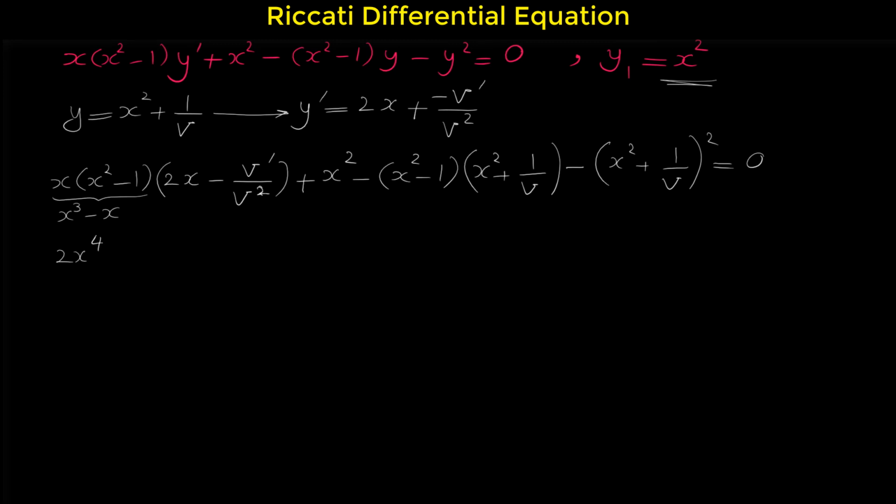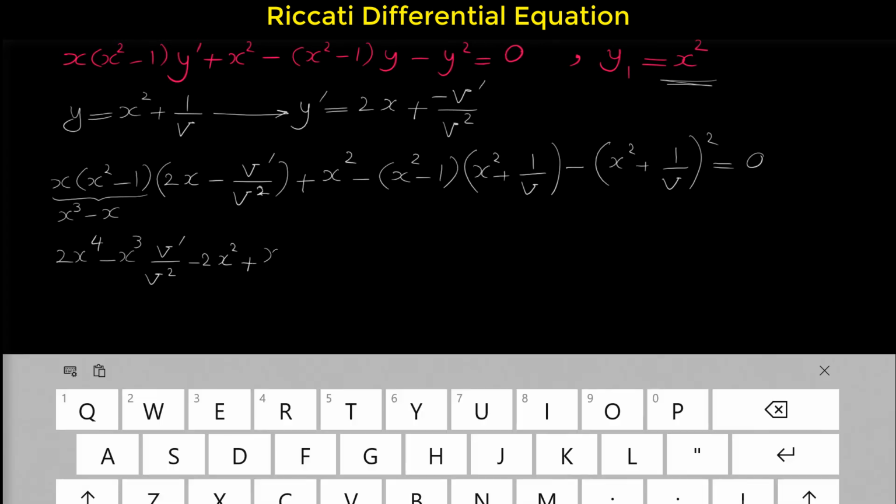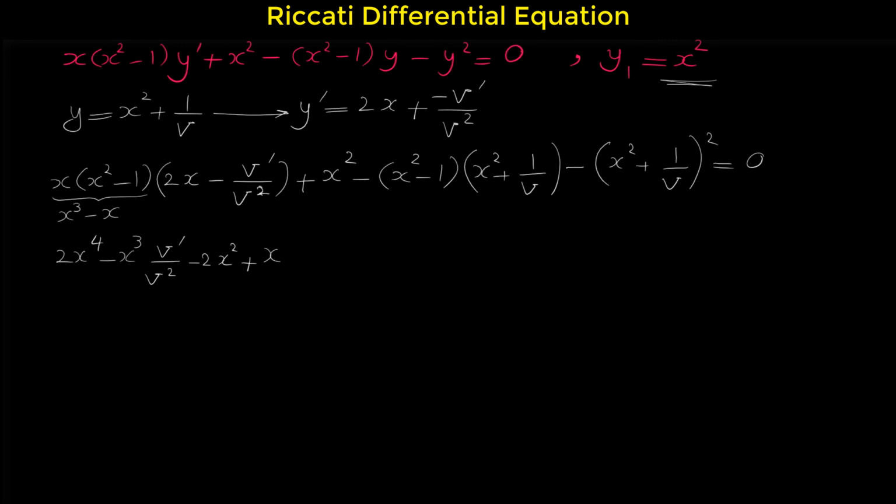If we multiply x to the 3 by this, we have minus x to the 3 v prime over v squared. If you multiply negative x by 2x, we have minus 2x squared plus, what happened here, x v prime over v squared. We multiply negative x by this and we get plus x v prime over v squared.